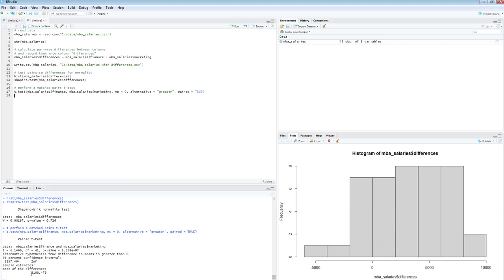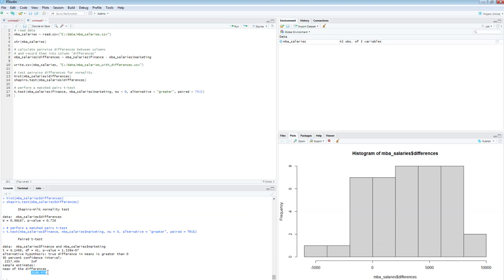Well, actually, let's take a look at two of them. So this is number 1. That basically is saying that the mean of all the differences is 3,108.47. So the average difference between salaries for finance and the salaries for marketing MBAs is $3,108.